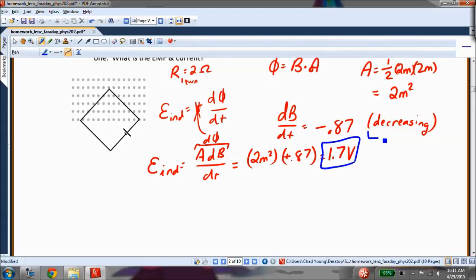Let's go back to this idea that the magnetic flux was decreasing. That means that the flux is also decreasing in magnitude.